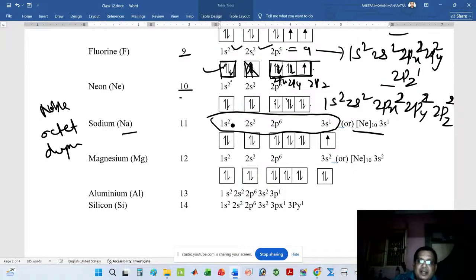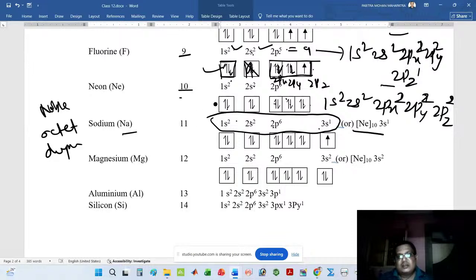So sodium has exactly the electron configuration 1s2, 2s2, 2p6, 3s1. But if you want to write the electron configuration in a short manner, look at that. Write the nearest noble gas. Noble gas means the element which obeys octet or duplet.